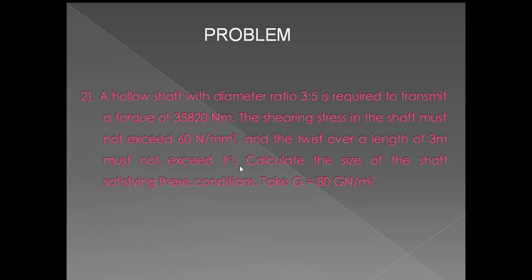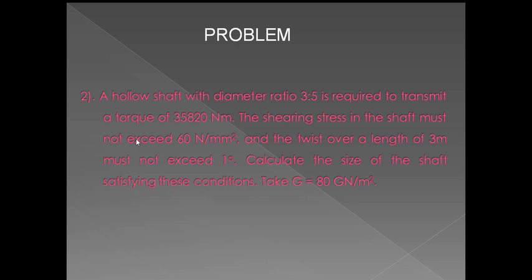When the shear stress value is given, that is, when the stress is given, the stress is nothing but strength. So we can find the diameter of the shaft based on the strength. Here the angle of twist is given, so we can find the diameter of the shaft based on the rigidity.